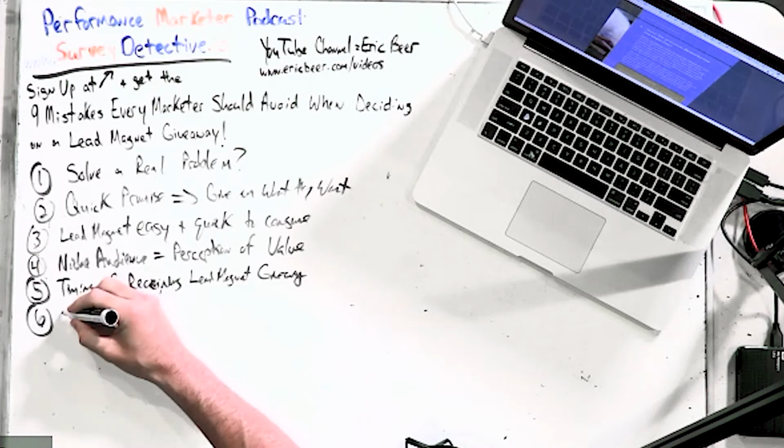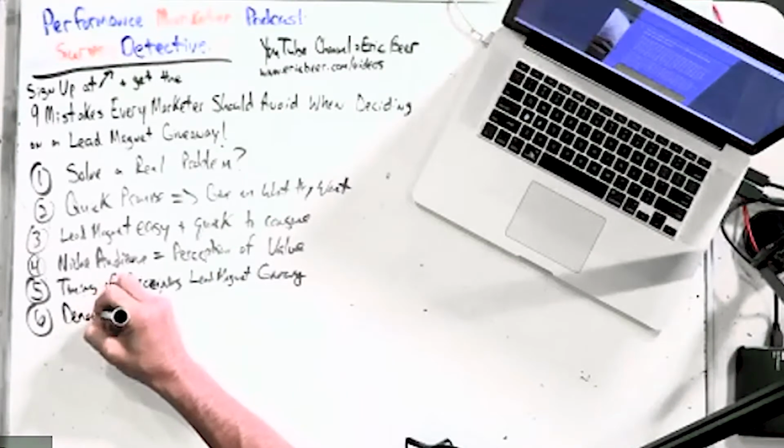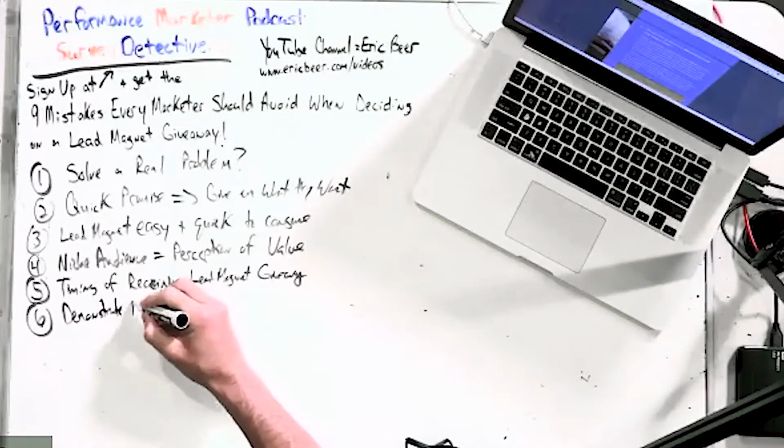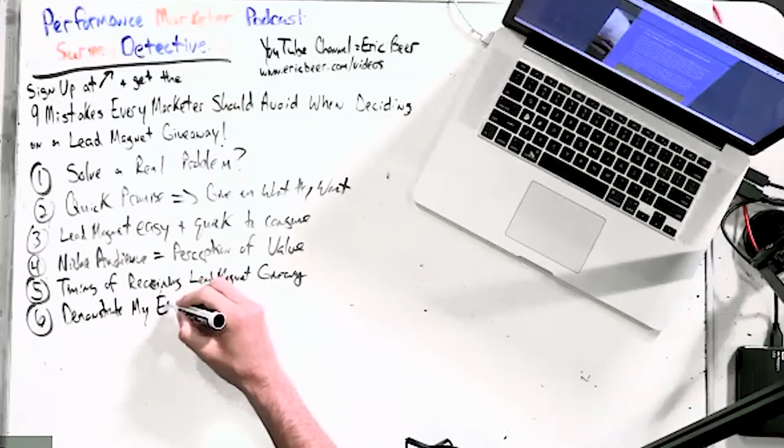So, number 6, you want to ask yourself, does my giveaway demonstrate my expertise? So you want to demonstrate how smart you are about your topic. You want to give value, right?